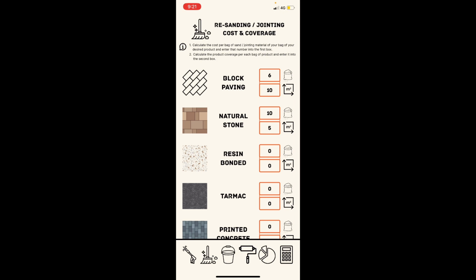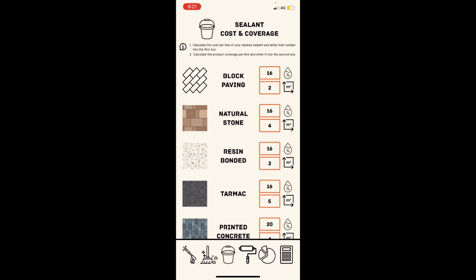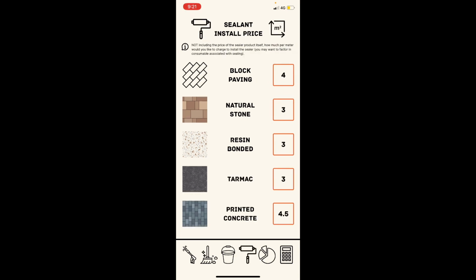The next tab, which is the bucket, which is the sealer. This is going to be where you put in your sealer cost and coverage. The roller is how much do you want to charge for installing the sealer to the different types of surface. So there are your configuration tabs.